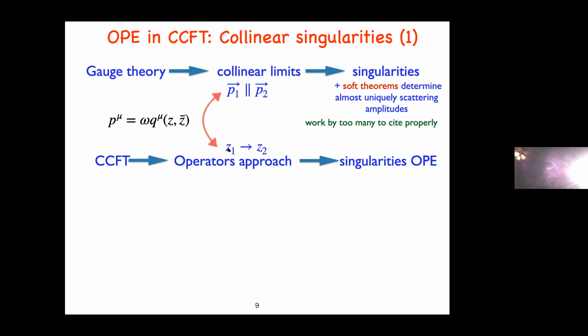And what we know from conformal field theory is that when two operators approach each other, in general, we can expand their product in terms of local operators with coefficients that in principle can be divergent. So basically, depending on the separation between the two points, these coefficients can blow up.